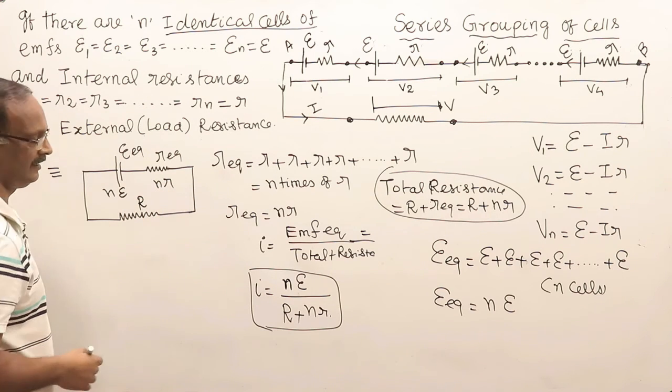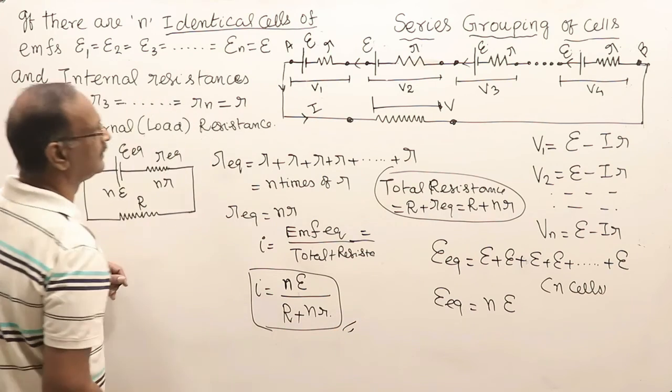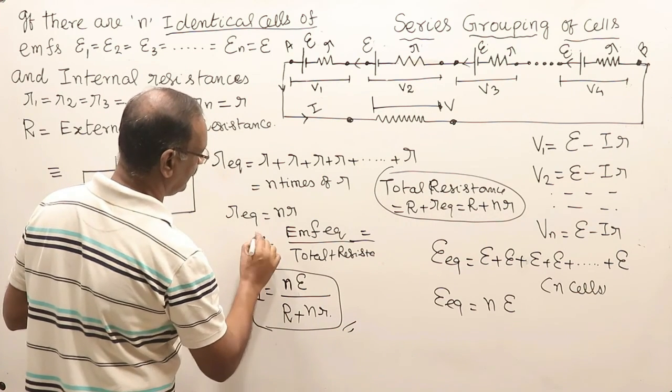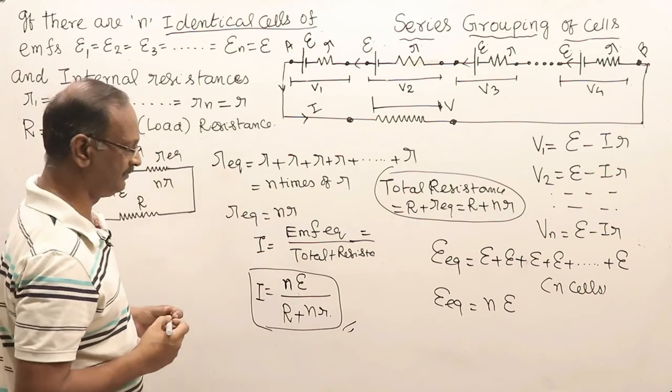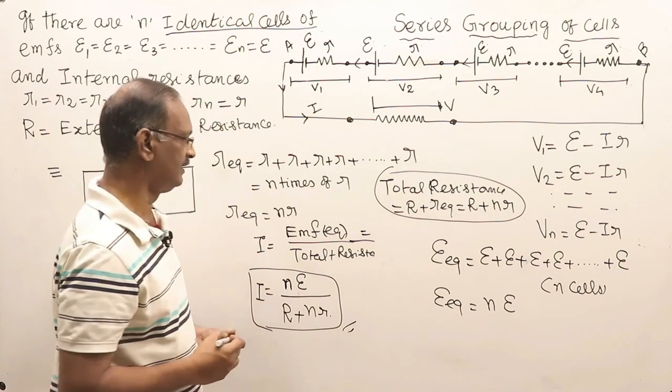This is the equivalent circuit. So I can be represented like this. The total current I is nothing but the total equivalent EMF divided by the total resistance.